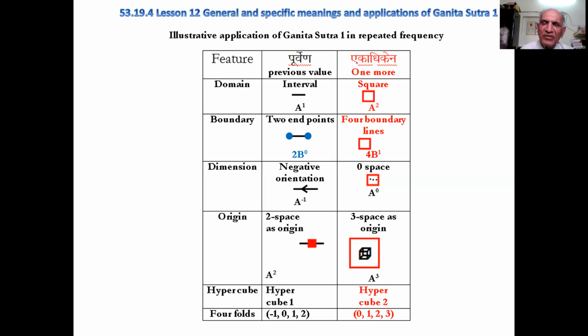The quadruple features -1, 0, 1 and 2 for interval, hypercube 1, will take us to quadruple 0, 1, 2, 3 of hypercube 2 folds. So see this common rule with its repeated application permissibility under Ganita Upsutra 1 makes the transition and transformation for multiple features simultaneously.